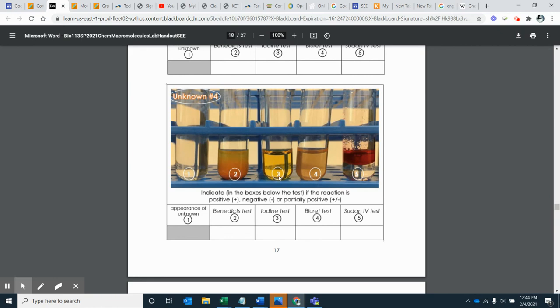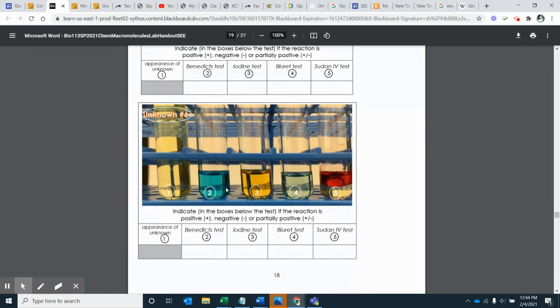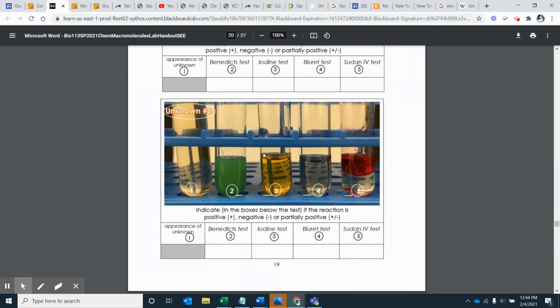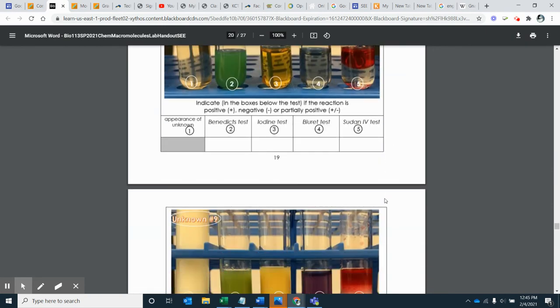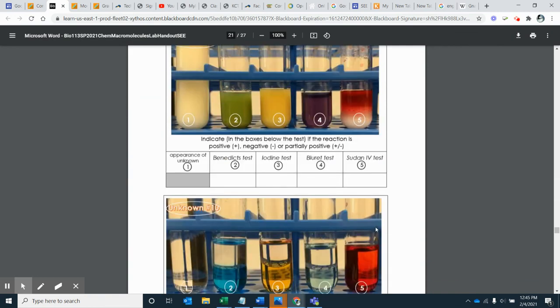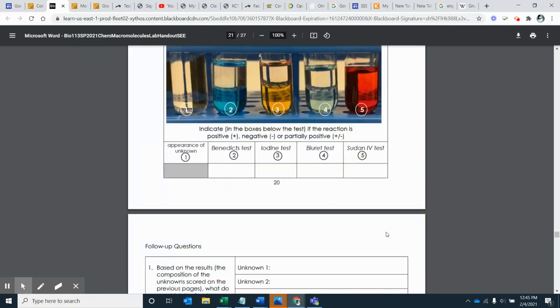This one is positive, negative, negative, negative, negative, positive, negative, negative, negative, negative, negative, negative, positive, negative, negative, negative, positive, negative, negative, negative, positive, negative, positive, negative, negative, negative, negative, positive.